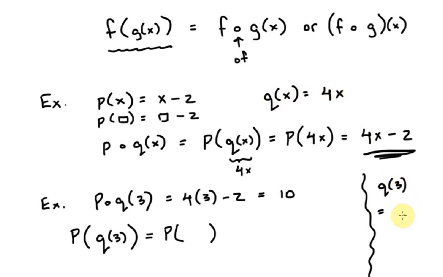My x value is 3, so this would be 4 times 3, which is 12. Now I put that in here, because q of 3 has a value of 12. So I'm plugging 12 into function p, which says take your input and minus 2. And guess what? I get the same thing.